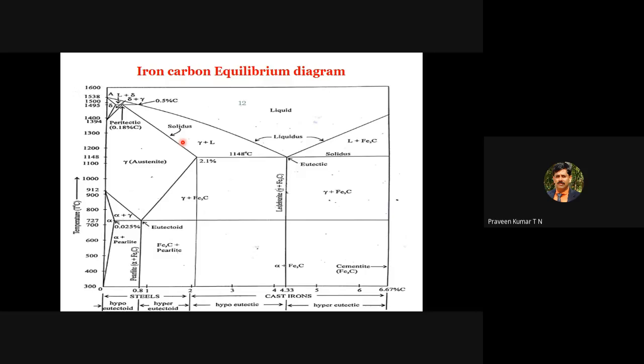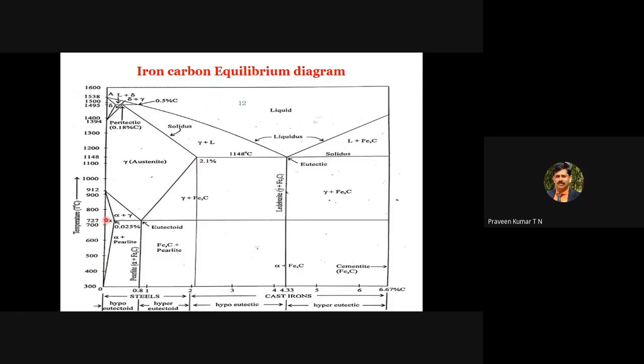Now we can identify the maximum solubility of gamma at 1148 or 1149 degrees Celsius. That is 2.1% of carbon. The maximum amount of carbon present in gamma iron is 2.1. That you have to remember.